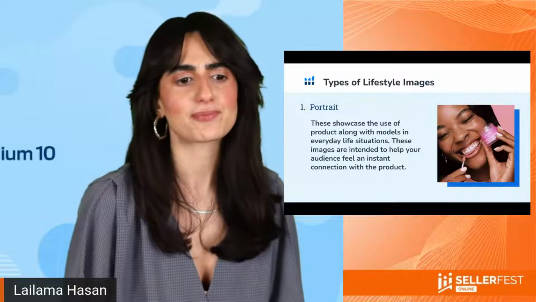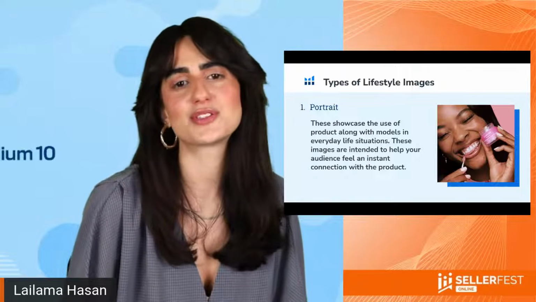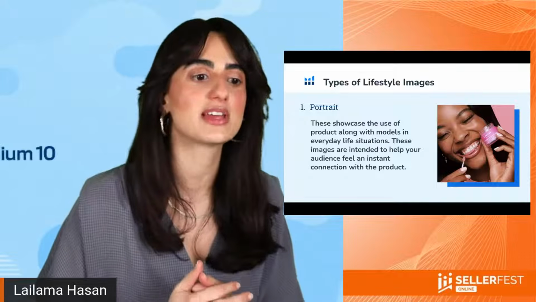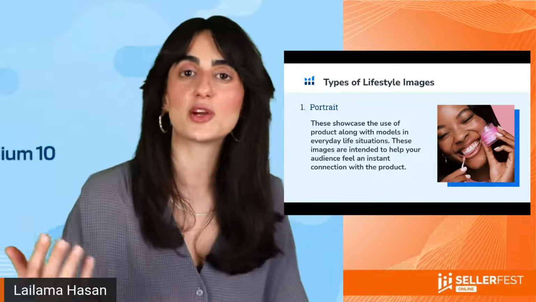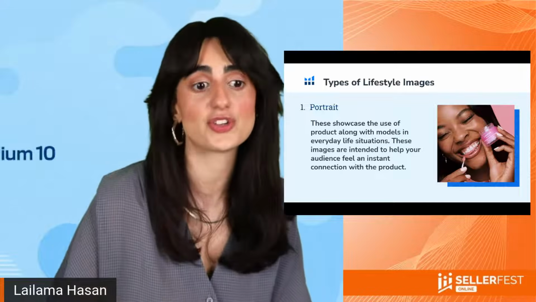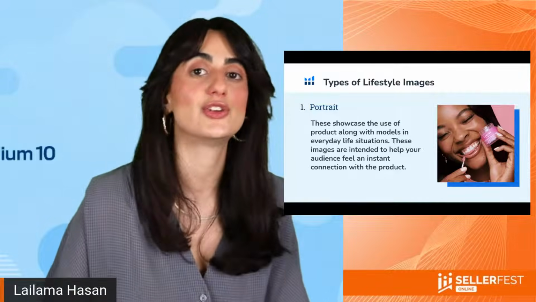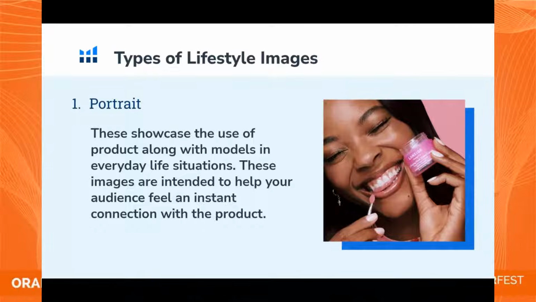And another thing to be mindful of is to really cover as much of your target demographic as possible. So if you were selling a unisex product, then try to use a male and a female model in your listing images so that you don't lose out on half of that demographic.